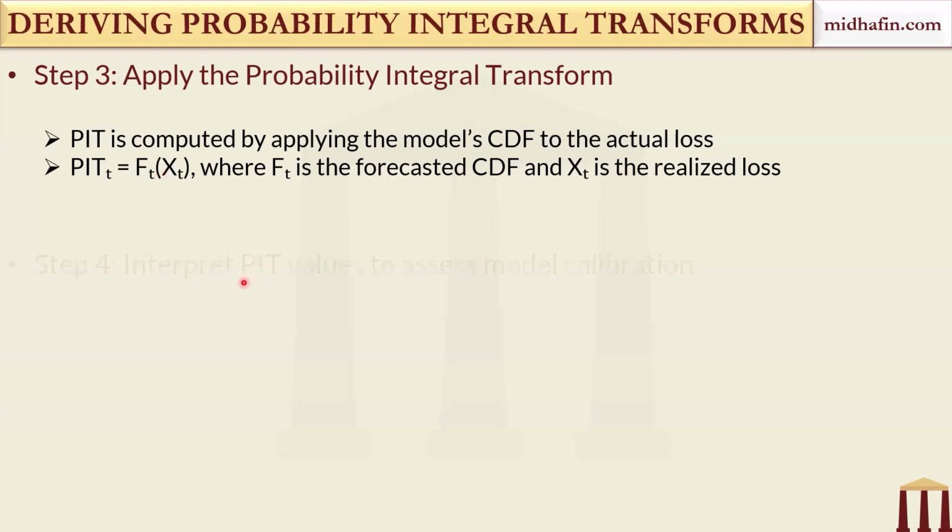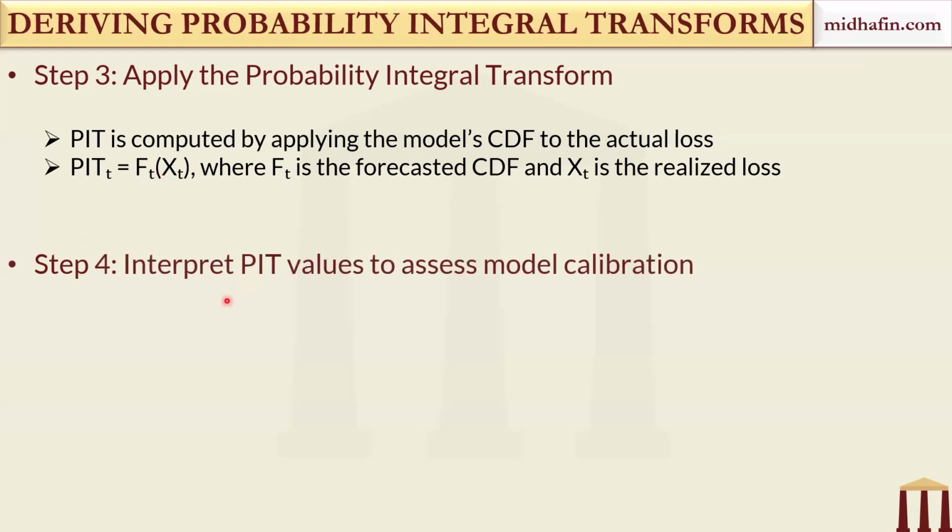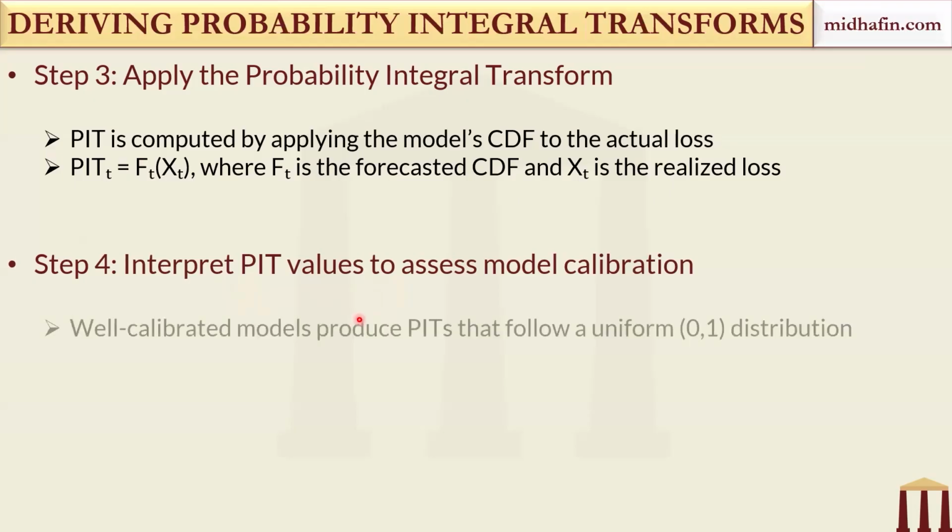Now, step four is about interpreting these PIT values. If your model is correctly specified, a very important point which will be repeated multiple times throughout this session, well calibrated, then these PITs should be uniformly spread between 0 and 1. I think the source should have emphasized the logic behind this in detail so that there is no confusion left.